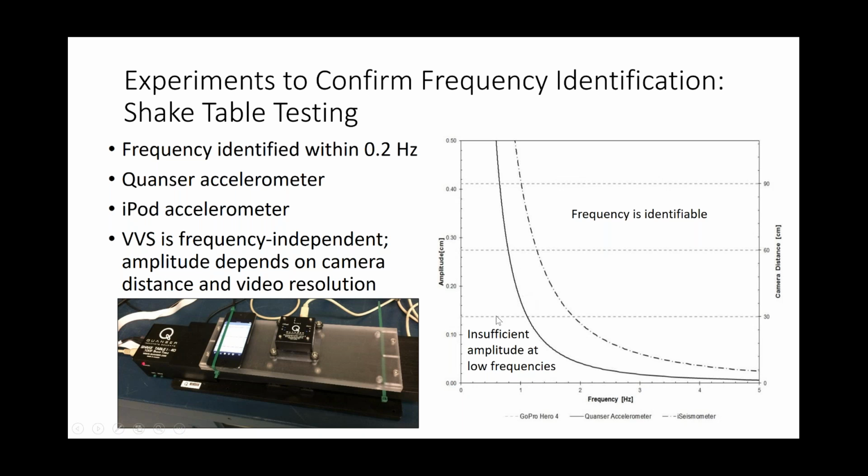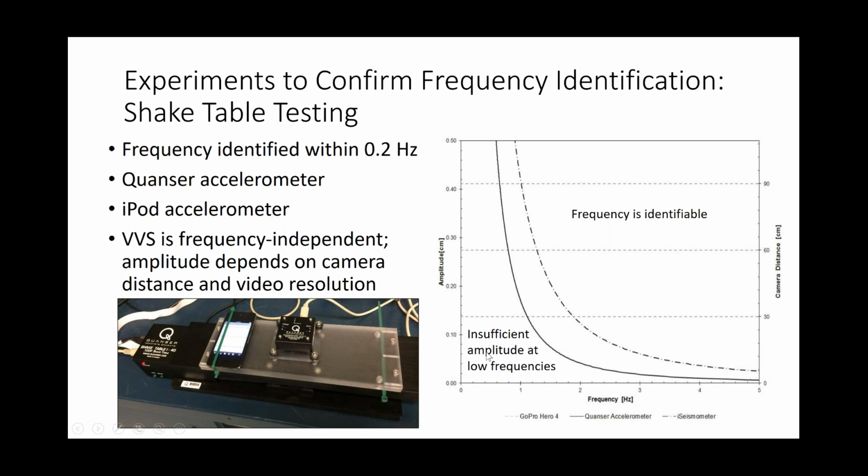So if a frequency is very low, like some of the ones that we're trying to measure on civil infrastructure, you have to have fairly high amplitudes in order to measure that acceleration. So these were tests in order to identify the boundary and where we just might not be able to identify a frequency. You can see that the Quanser accelerometer has a bit more range, so better accelerometers generally get a better ability to identify frequencies even at low amplitudes.